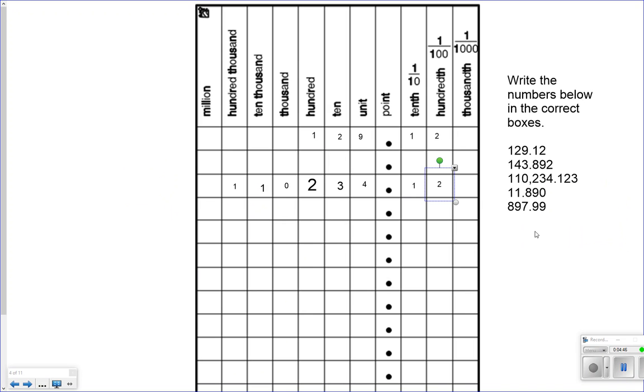And the thousandths here is 3. I write 3 here. So our number is written here. And don't forget the place values of the numbers from the left side of the decimal point are units, tens, hundreds, thousands, and so on, as we know. And from the right side are tenths, hundredths, thousandths, and so on.